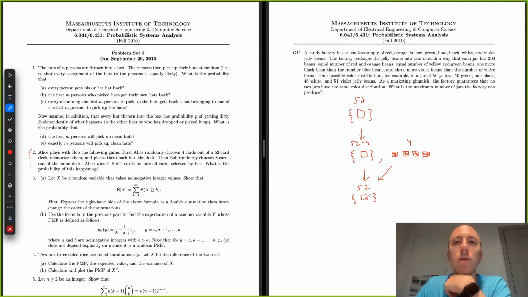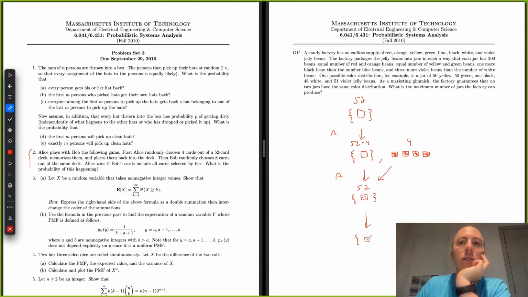And maybe we could draw a little portion of them, 1, 2, 3, and 4. Like 4 of them are in there. And Bob randomly chooses 8 cards. So Alice does this, and then Bob chooses 8 cards.